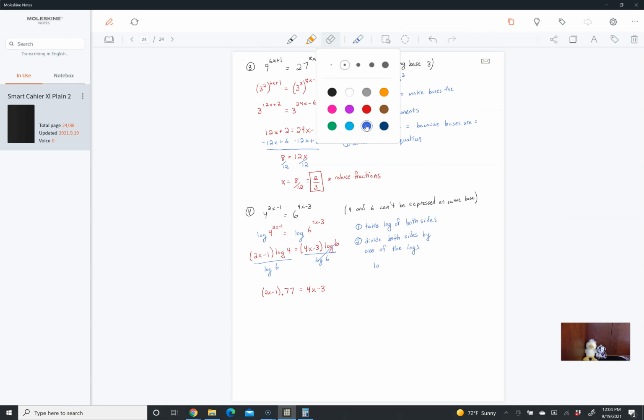And we found that log 4 over log 6 is equal to 0.77. So our next step is to distribute and solve the linear equation.